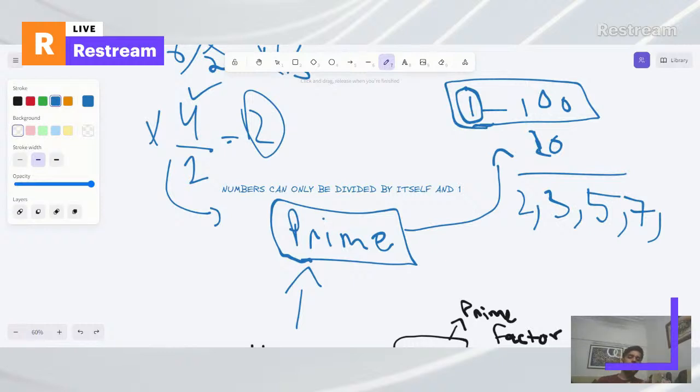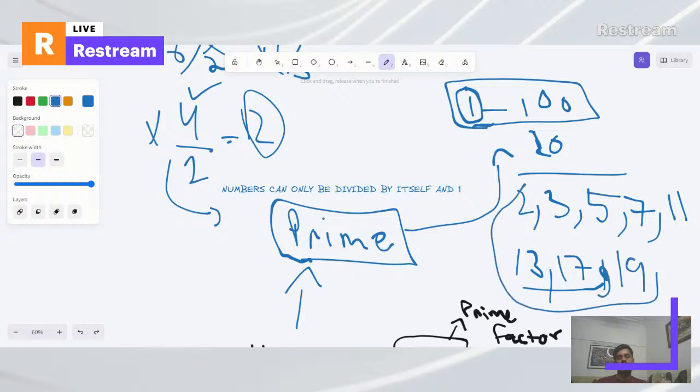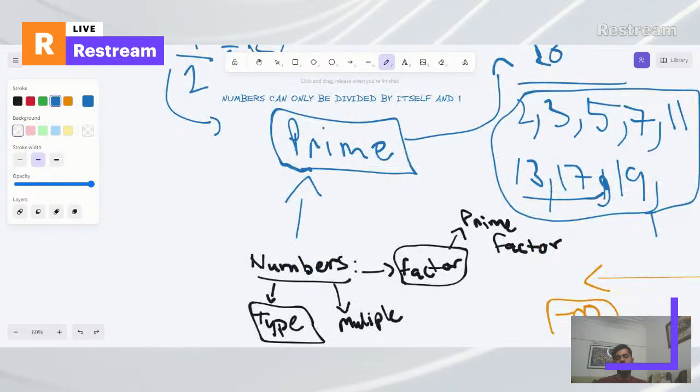All of these can be divided by either 2 or 3, so they can't be prime numbers. 11, however, is a prime number. 13 is a prime number. Similarly, 17 is a prime number, and obviously 19 is a prime number as well. So all of these numbers are prime numbers till 20.